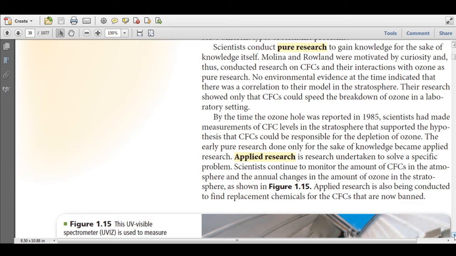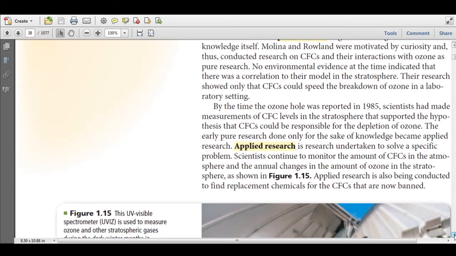Applied research is research undertaken to solve a specific problem. Scientists continue to monitor the amount of CFCs in the atmosphere and the annual changes in the amount of ozone in the stratosphere. Applied research is also being conducted to find replacement chemicals for the CFCs that are now banned.